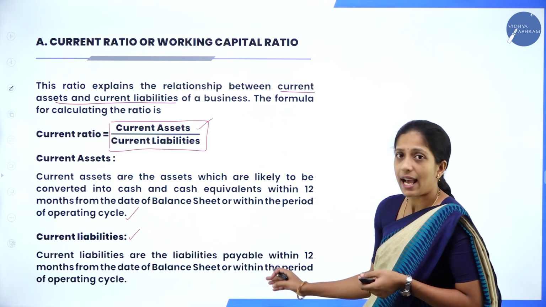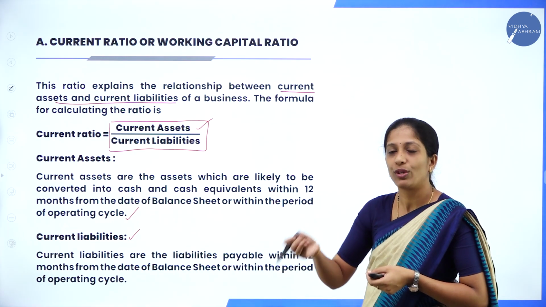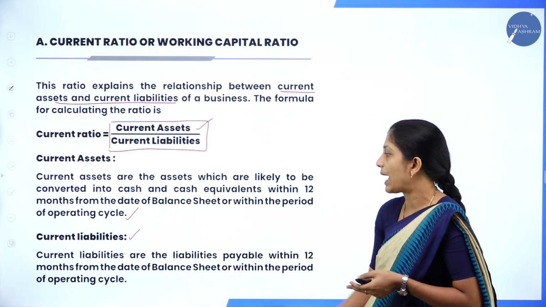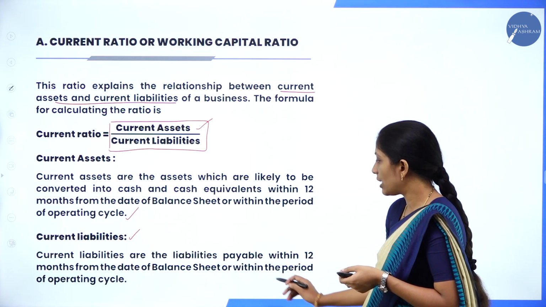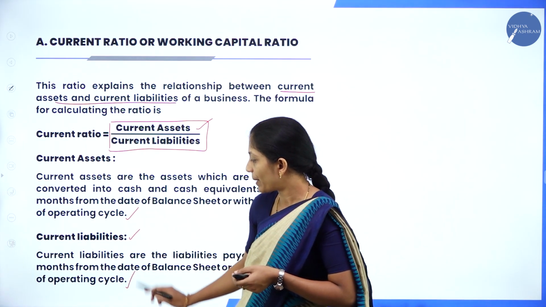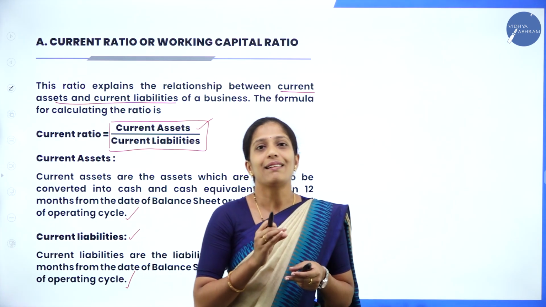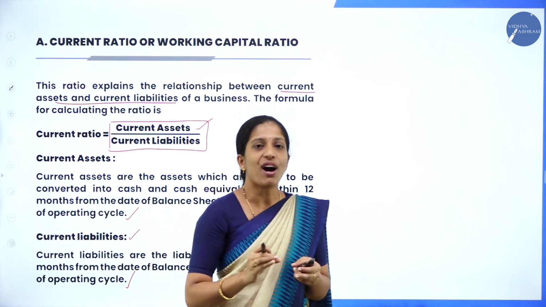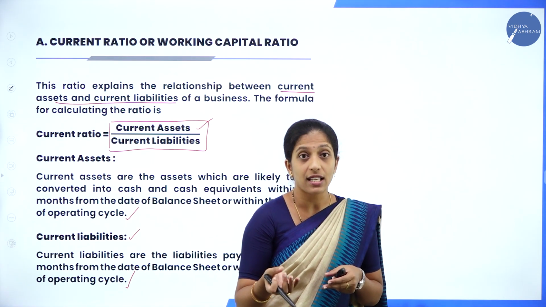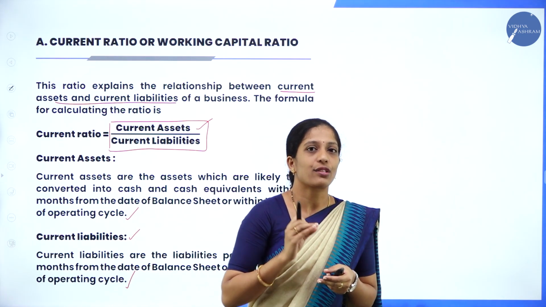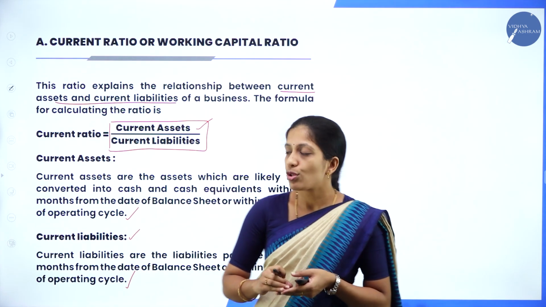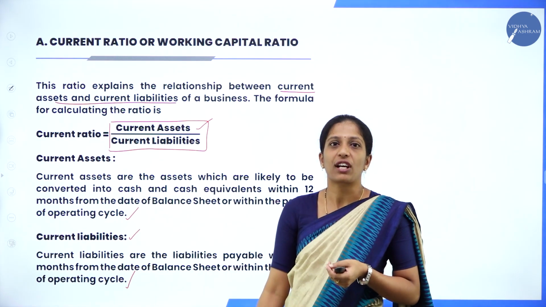Current liabilities are the liabilities which are repayable within 1 year or within 12 months from the date of balance sheet or within the period of operating cycle. So what do you mean by current liabilities? It means the amount which has to be paid to the outsiders within 1 year. So, hope you are clear about the formula of current ratio.